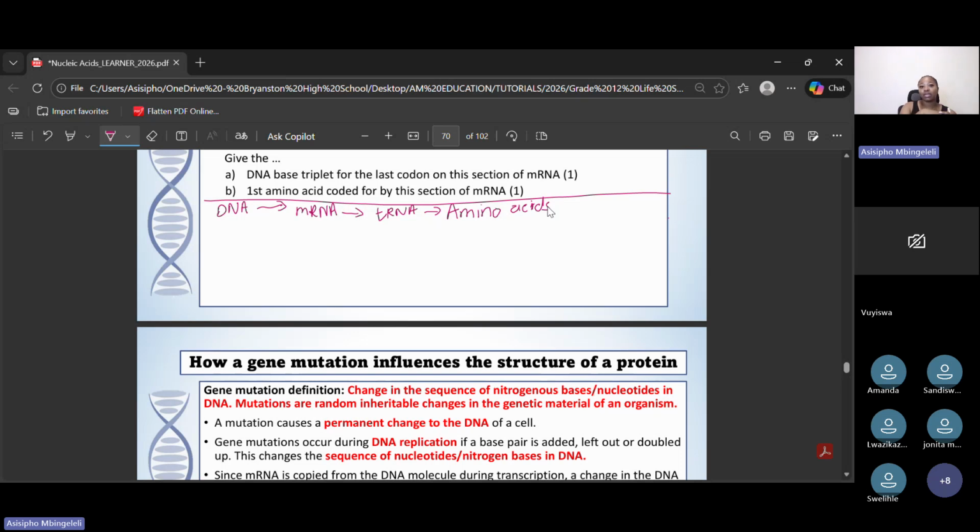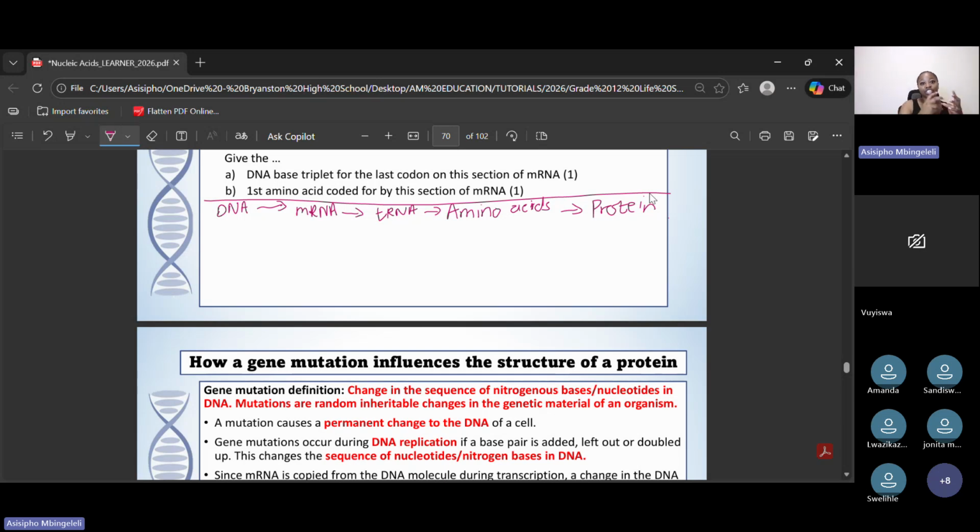You then end up having a chain made up of a minimum of 50 amino acids, and we call that a protein. Now this is the goal. We would have achieved our goal if we used the genetic code from DNA and then made a protein. Happy.